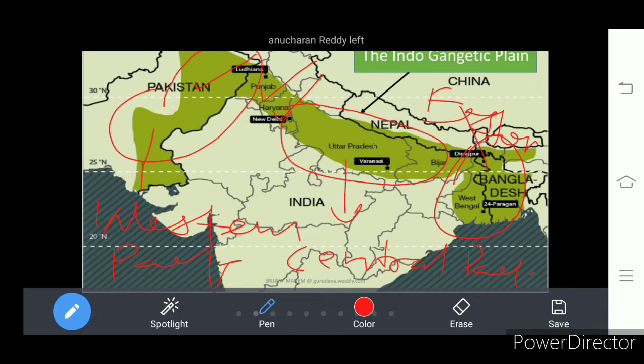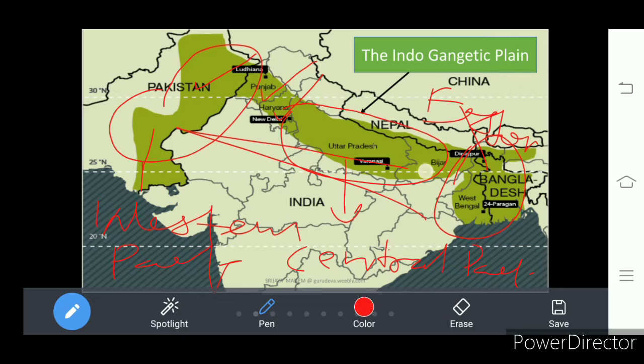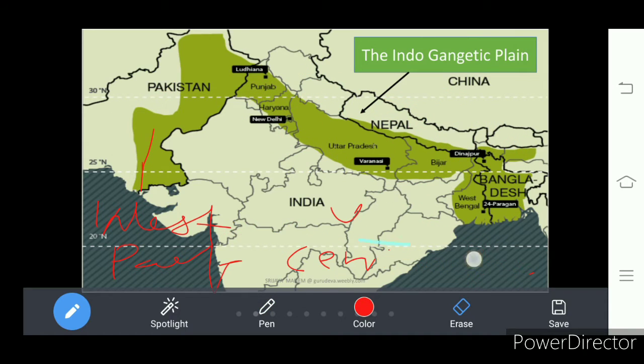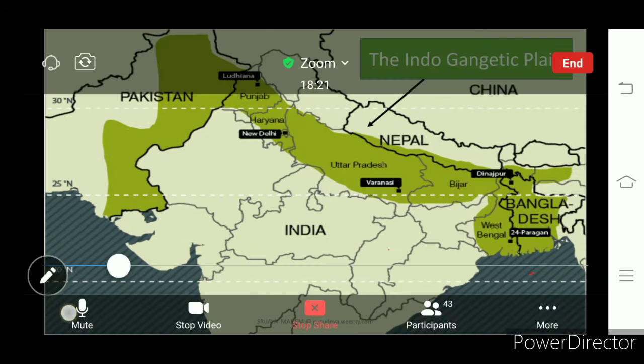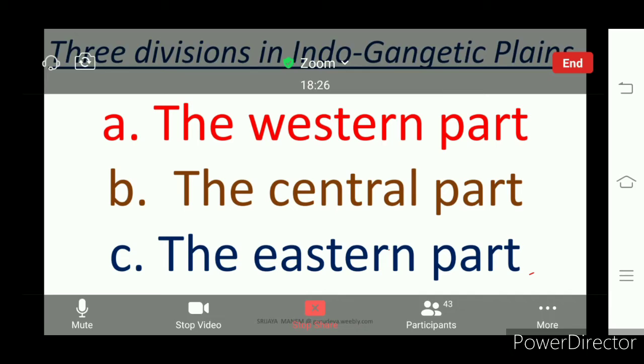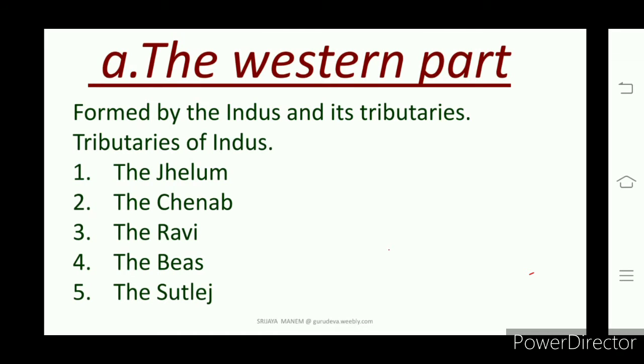The major portion falls in Pakistan, and a minor portion falls in Punjab and Haryana. This western part was formed by the river Indus. Which river? Indus river. Understand?